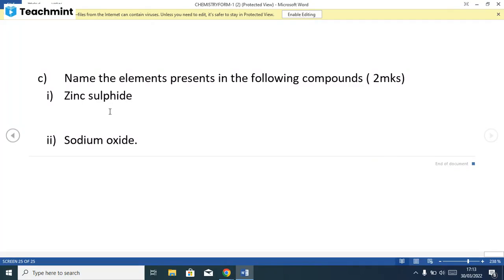Zinc and sulfur. Next. Sodium oxide: sodium and oxygen.